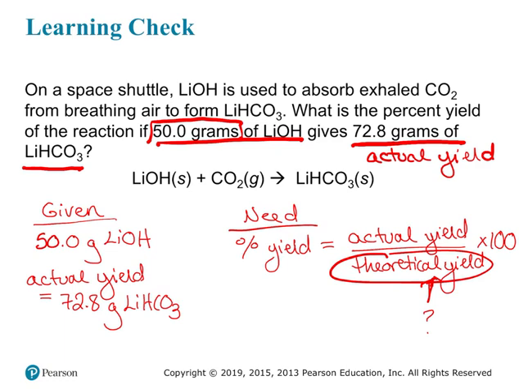Now, we're not told anything about carbon dioxide. We're going to assume that carbon dioxide is in excess. So there's just plenty of carbon dioxide in the air. That will be our excess reactant, which means that we already know lithium hydroxide is our limiting reactant. So we're just going to focus on lithium hydroxide and ignore CO2.